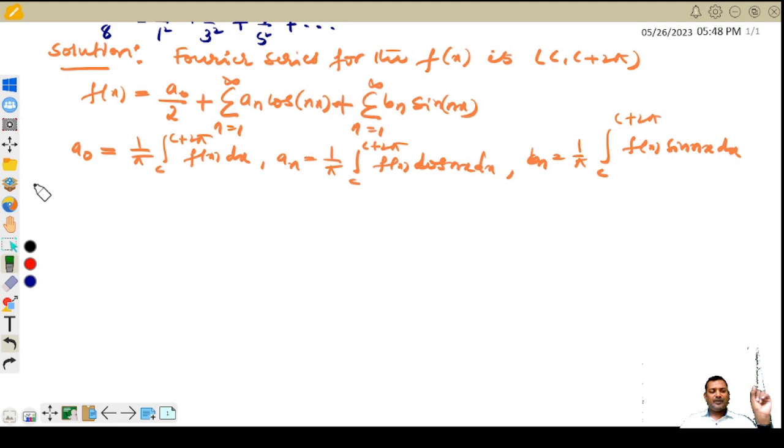If we use the concept of even and odd function, because the given function f of x is equal to x square is an even function.